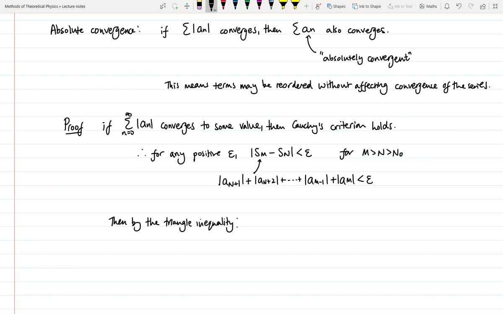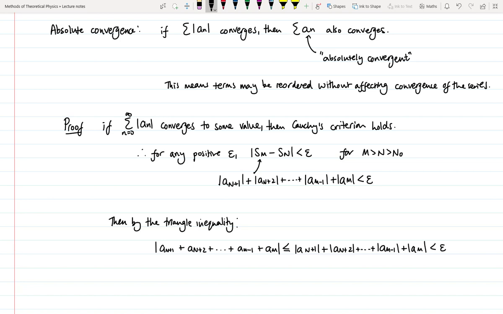So we can write this as the absolute value of an plus 1 plus an plus 2 all the way up to am minus 1 plus am. This is less than or equal to the sum of the absolute values, up to am minus 1 and am. And from the line above, we know that this is less than epsilon.